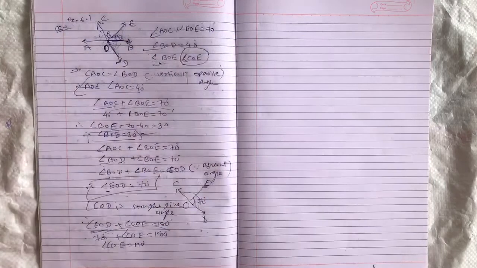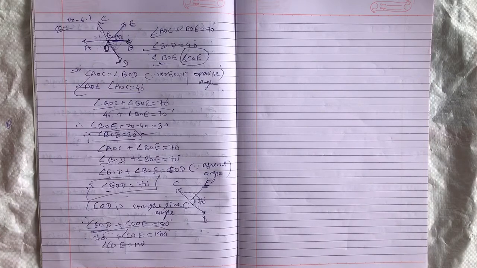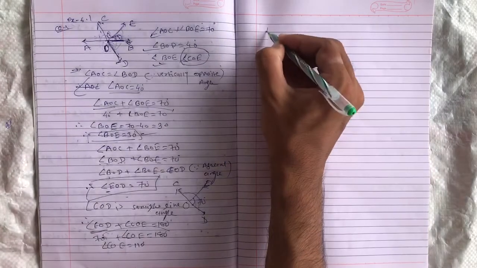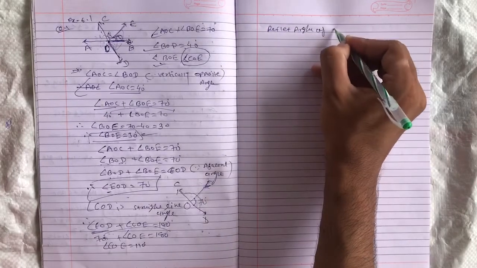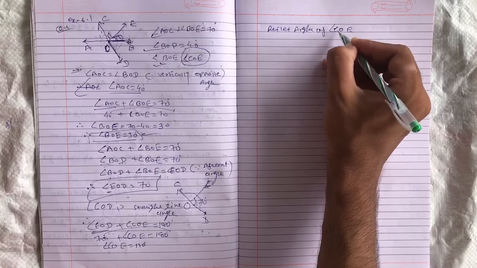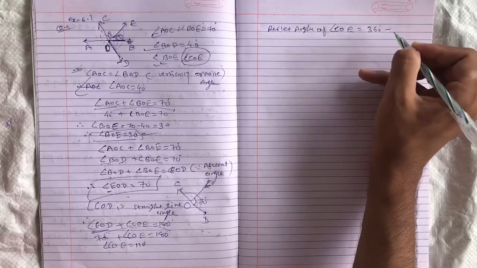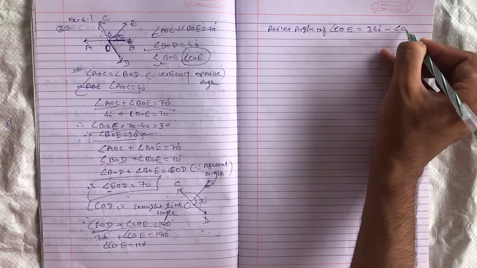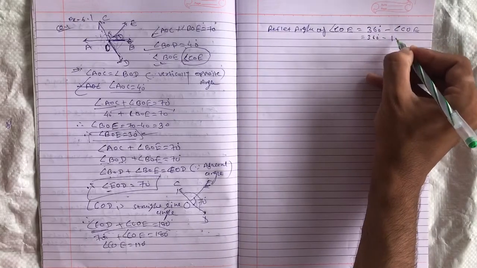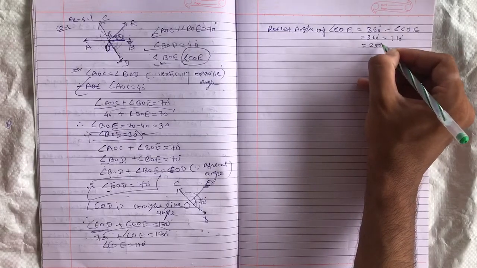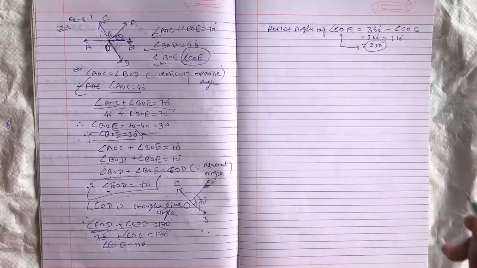COE is equal to 110. Now the reflex angle of COE means 360 minus COE. So 360 minus 110, therefore 250 is our answer for this angle.